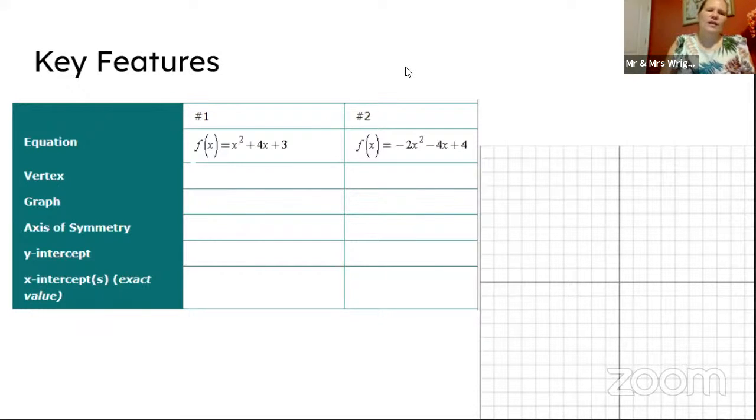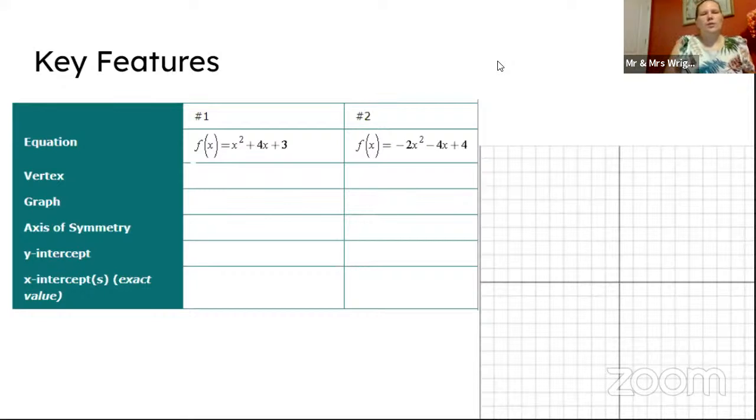Does the graph open upwards or downwards, right? The axis of symmetry, the y-intercept, and the x-intercept. So I'm going to do one with you, and then I want you to do the second one on your own. And we're supposed to graph them and fill out this chart, okay?